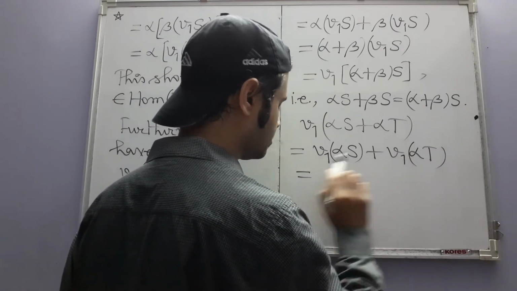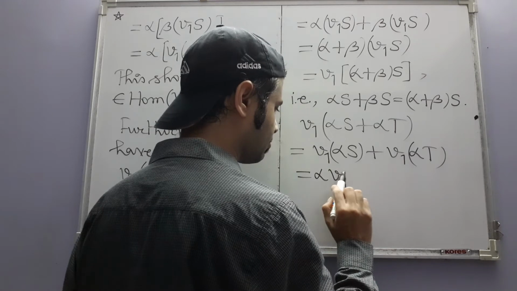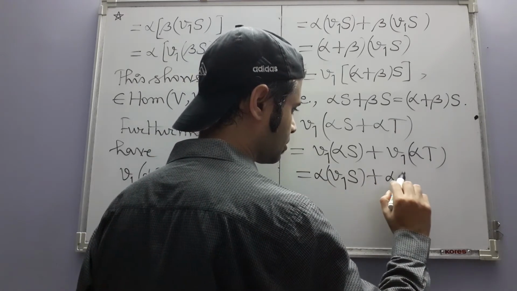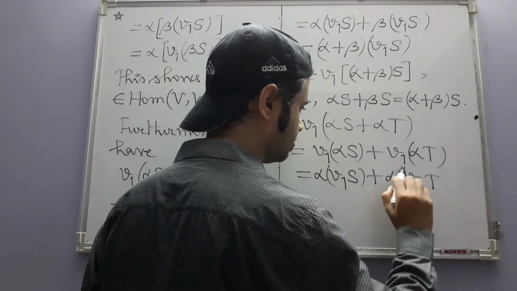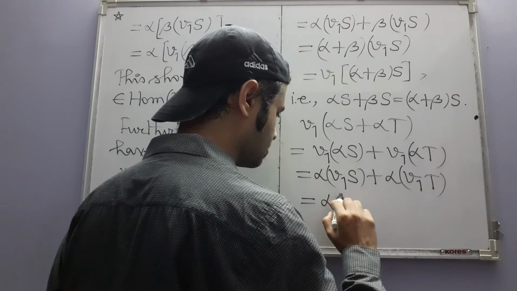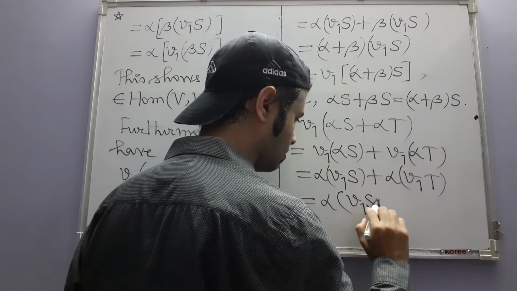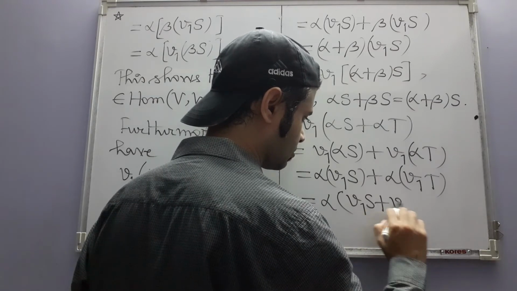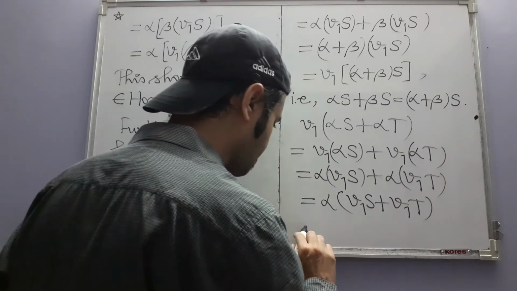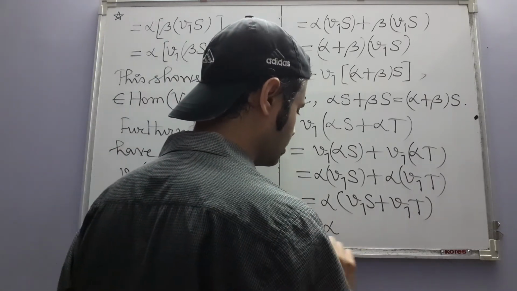Using the definitions of these alpha s and alpha t, we next get alpha v1s plus alpha v1t. Now in the vector space W, this thing becomes alpha times v1s plus v1t.